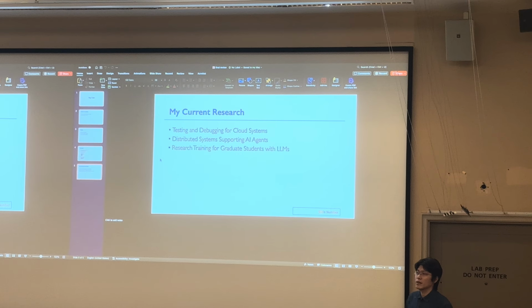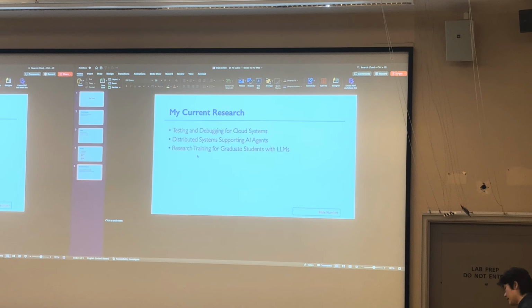That means it might be harder for students and junior workers to get their training, because senior researchers can just use these AI tools and they are very, very effective. Given this trend, how do we make sure that students and junior researchers still get the training that they need? This is one of the projects we're working on. So if you're interested in these research directions, send me an email with your transcripts and let's discuss them.